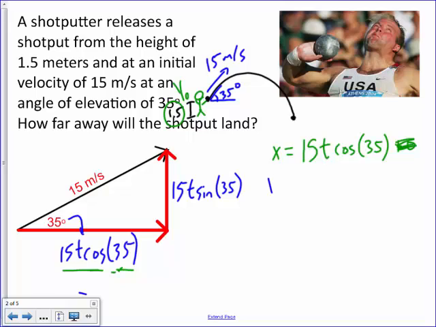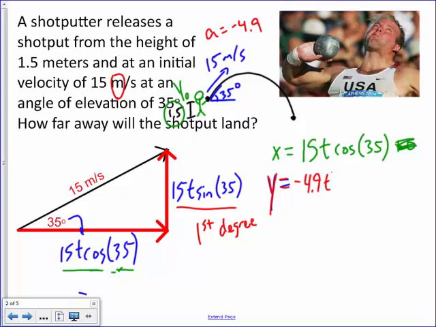And then for the y, this is where our gravity comes into play. So I can't just simply put this in there. That's a part of it, right? That's basically our first degree part of it for the t. But we also have to consider the gravity. So it's meters, so that means I'm using negative 4.9 for gravity because it's really negative 9.8 and half of that, so negative 4.9 t squared.